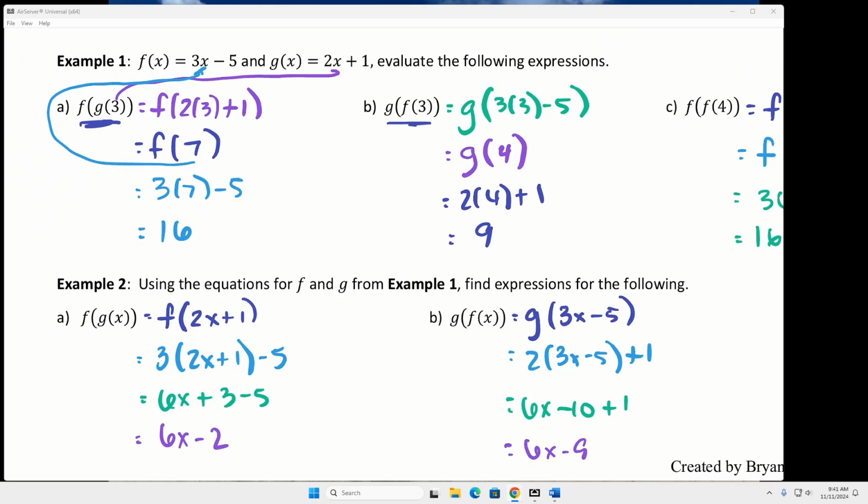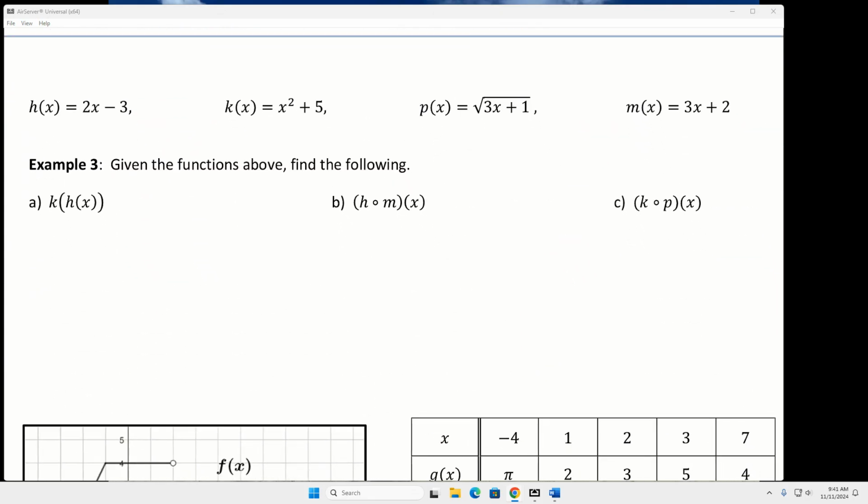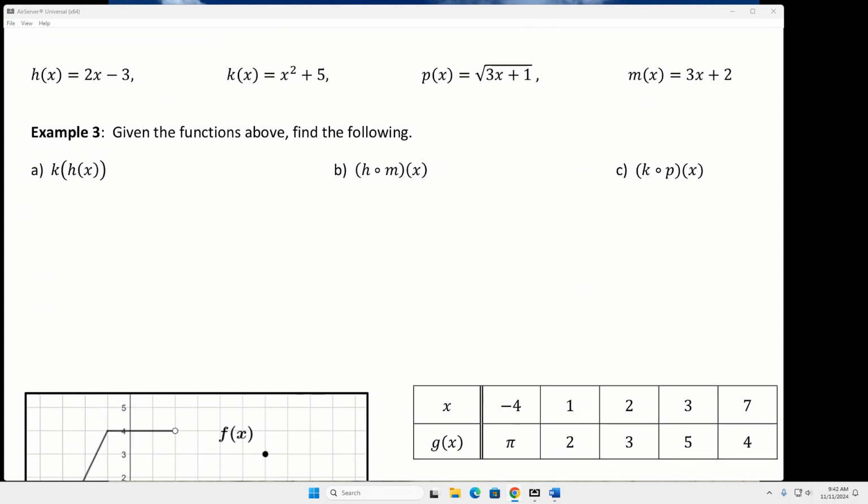Alright, and then on the back, we're going to do more of the same thing for example 3. The examples are just a little more challenging, except one of them. I wish I would have changed it a little bit, but I didn't. So that's okay. So we have h, k, p, and m, where I still do have two linear, h and m, but then I have a quadratic and I have a radical or a square root function.